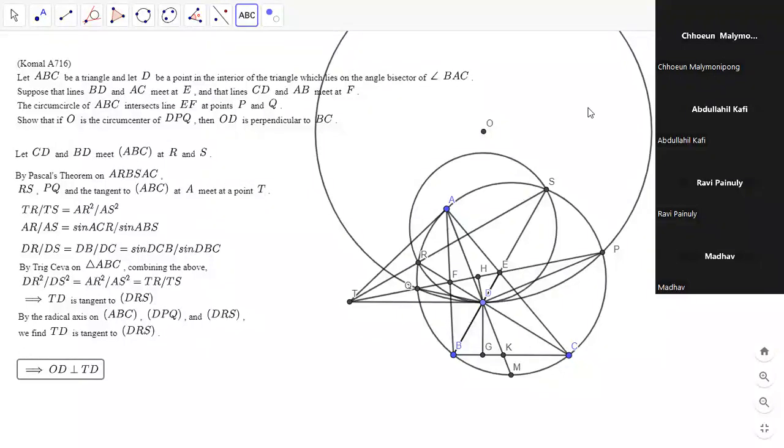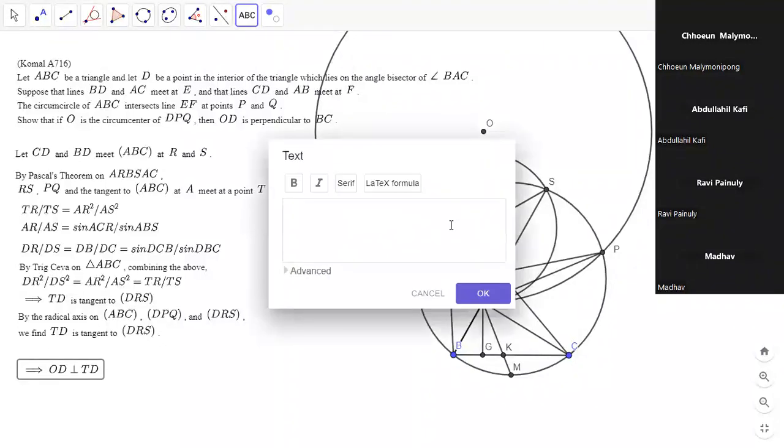So basically, I think there's still an angle chase, right? I'll write it out a little more, but an angle chase then shows that TD is parallel to BC.